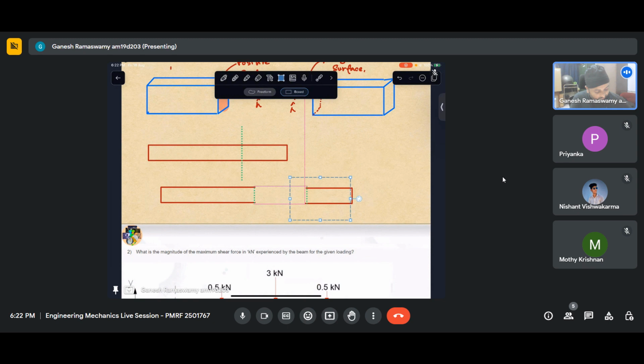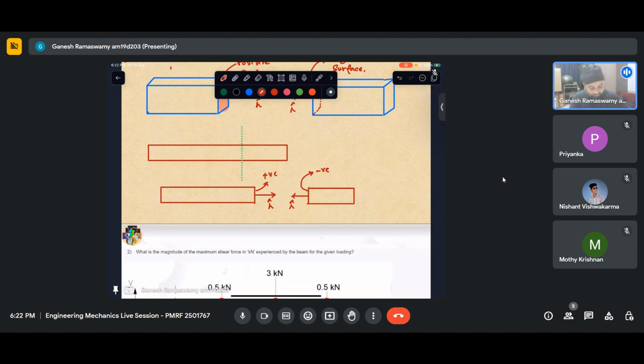So once I cut that section, I have exposed two surfaces, for which the outward normal is like that, and for this surface the outward normal is like that. So it's the same thing. So this will be a positive surface, and this surface will be negative.